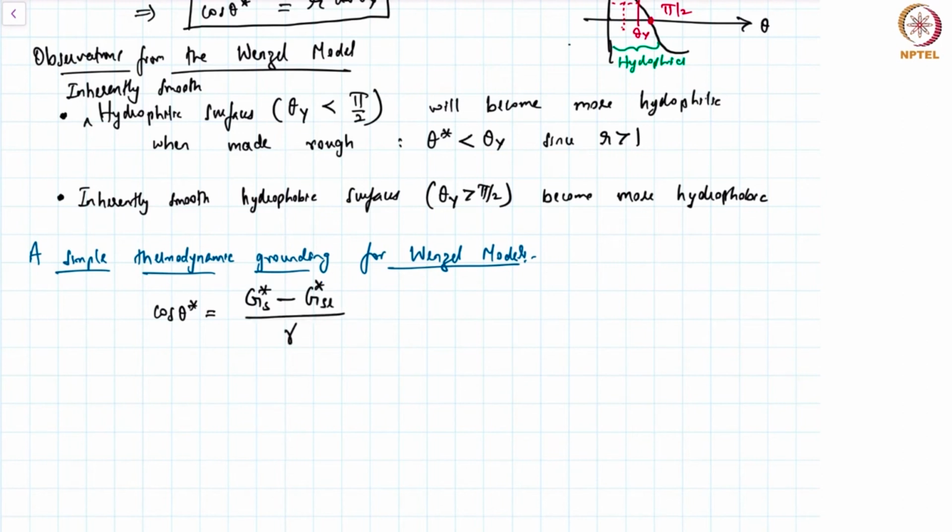So what are these quantities here? G_S and G_SL, these are specific surface energies at the solid-air and solid-liquid interfaces.